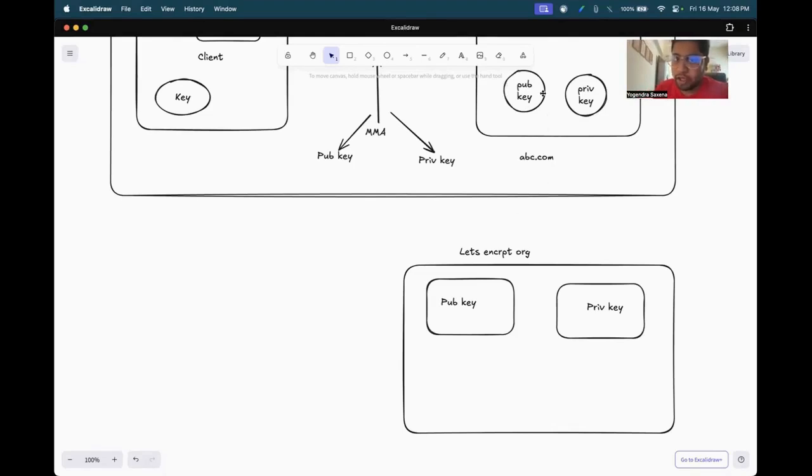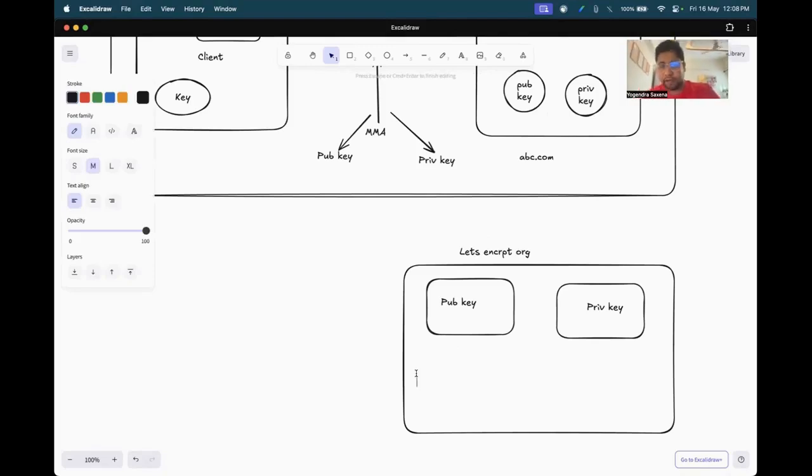So they will share their public key, and then Let's Encrypt will create a signed certificate with all the details, saying that for abc.com this is the certificate, and the identification for that certificate is the server public key plus the Let's Encrypt public key. That is how a certificate is signed, right?